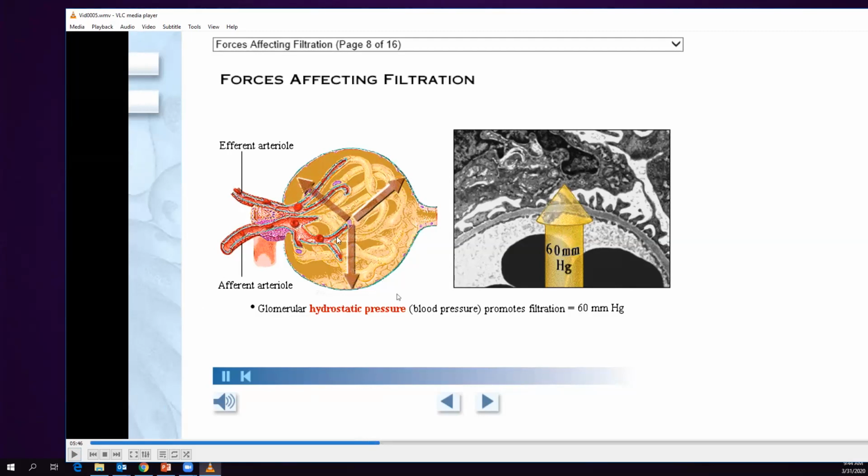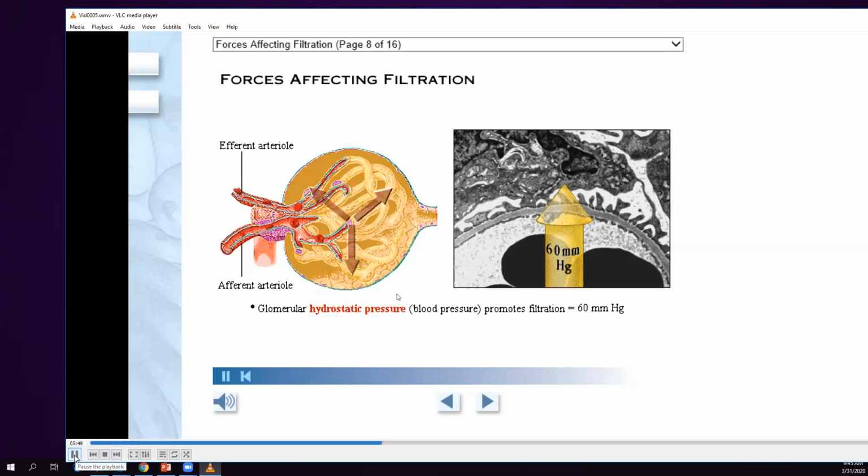So lots of blood comes in, but blood doesn't leave as much. So I get a lot of backup inside of the glomerulus, and that's going to also contribute to this large amount of force that's pushing the filtrate out, or the plasma, out of the capillaries of the glomerulus and into the glomerular space. Okay.